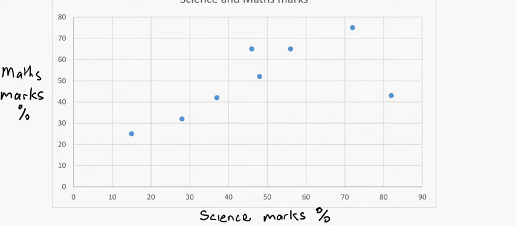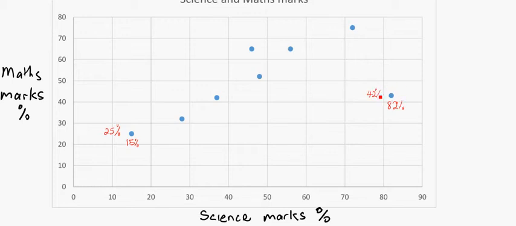And so we can see that this person here has got maybe 15% for science and 25% for maths. So generally both quite low marks. This person here has got about 82% for science, so did well in science, but only 42% in maths.